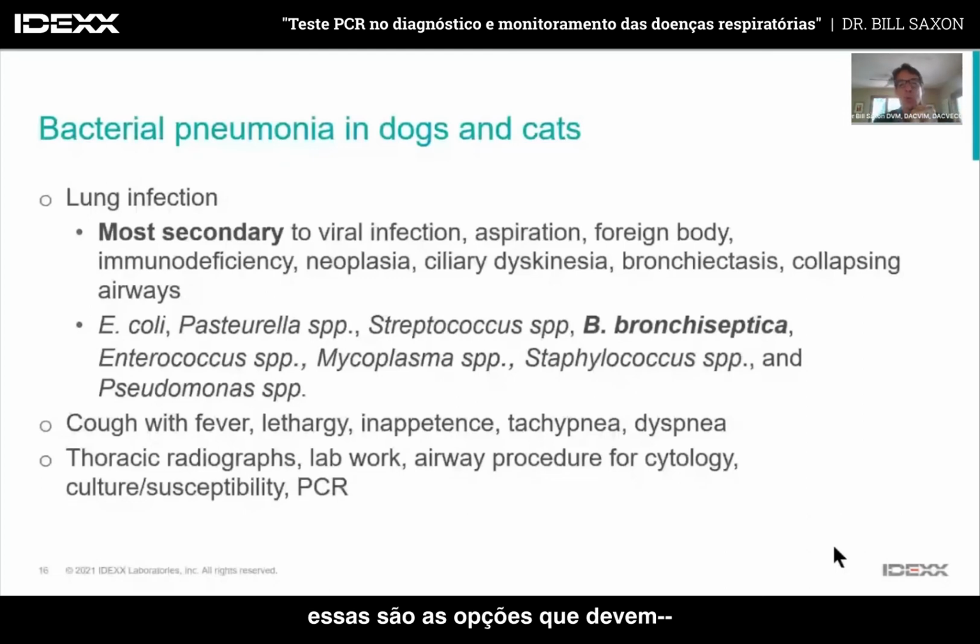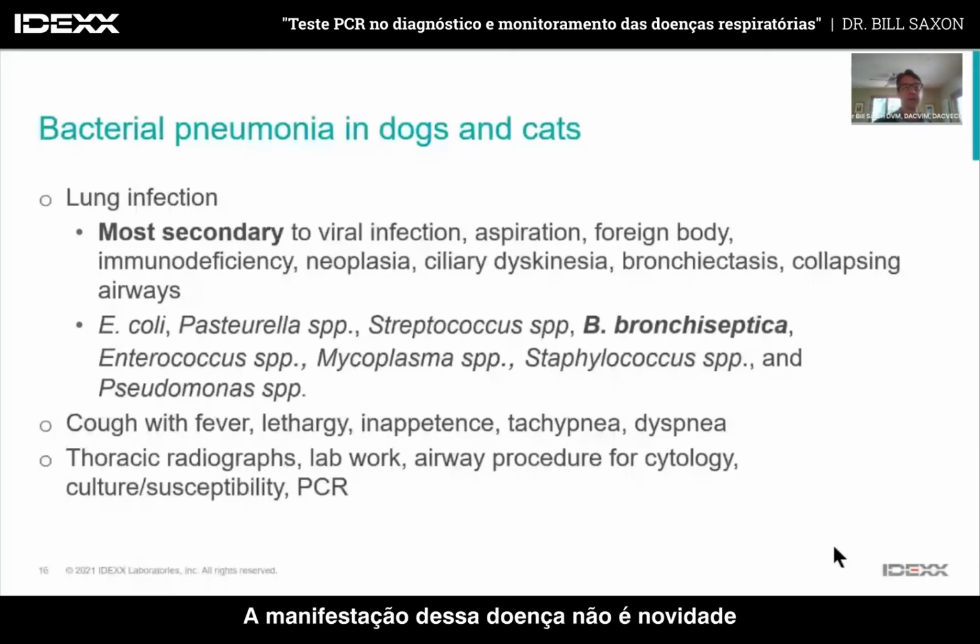We want to cast a wide differential diagnosis net. We just don't want to assume pneumonia, bacterial, antibiotics, we're good to go. That might work, but there may be some underlying disease, and if we find that sooner, then we prevent recurrences and have a more effective response to treatment.